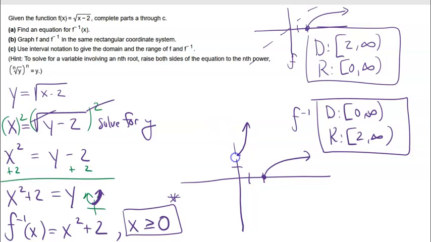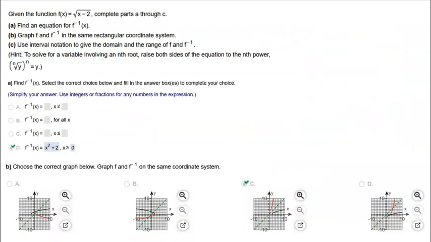Now, how do you check these graphs to tell if they're right? Remember, it should be a reflection through the line y equals x. And there you go. Part C, remember, we already did. Domain and range, range and domain. Now, I want you to see these answers typed up. Here you go.